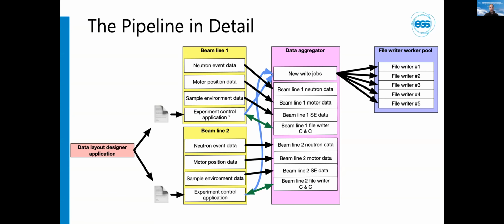And that application will then use that template to create a new file writing job when the user commands the experiment control application to do so. When a new file writing job is created, it's posted to a file writing job channel in the data aggregator, from where it is picked up by a single file writer in the file writer pool.